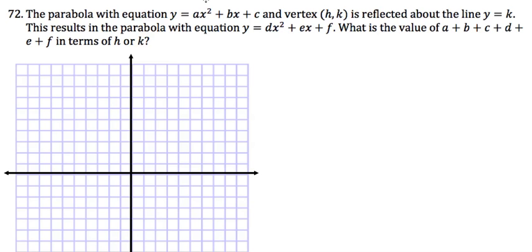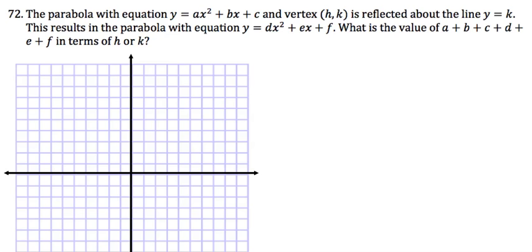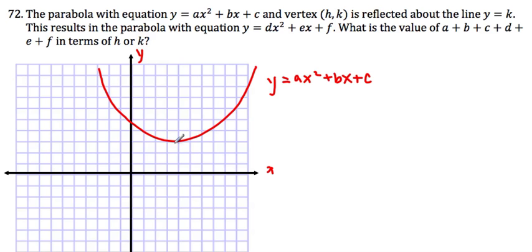So what if I have a parabola something like this, and we can see that this is y equals ax squared plus bx plus c. This is the x-axis, this is the y-axis, and that point, the vertex, is h comma k.